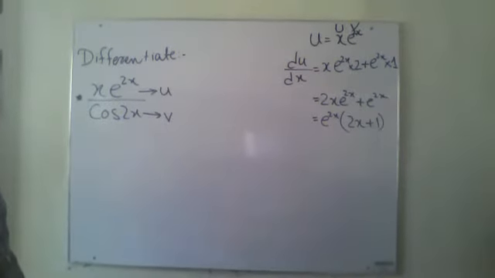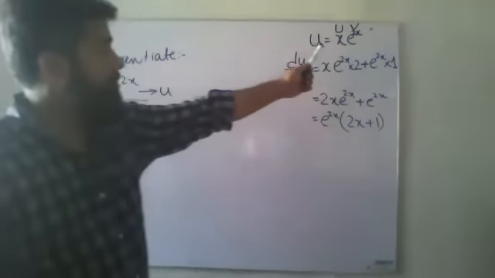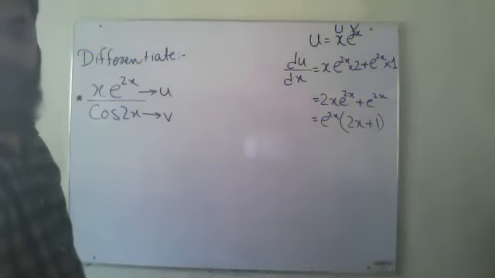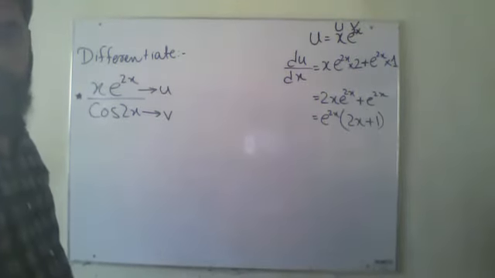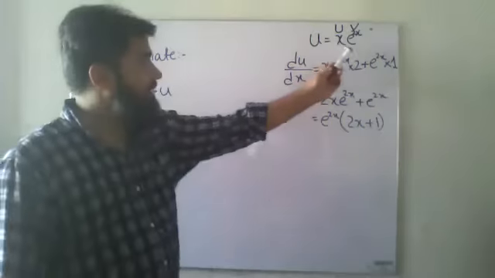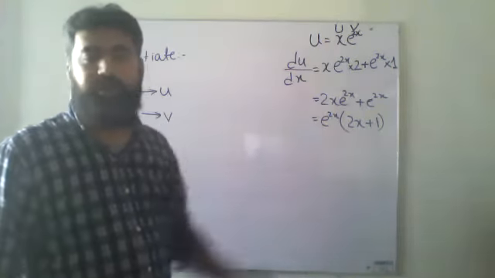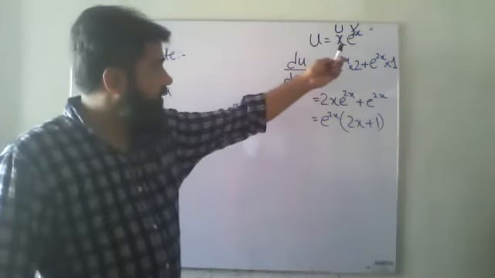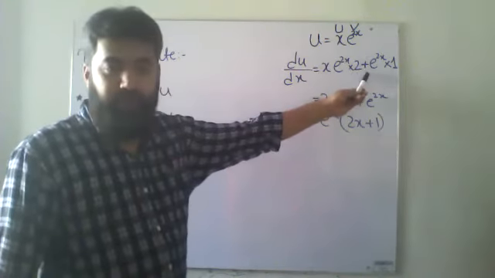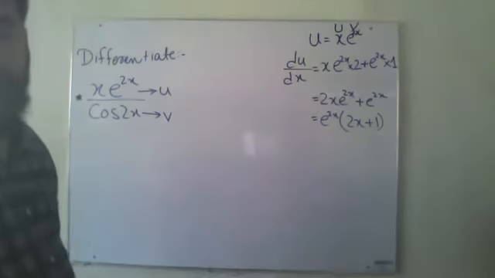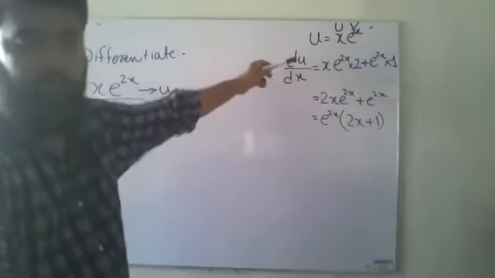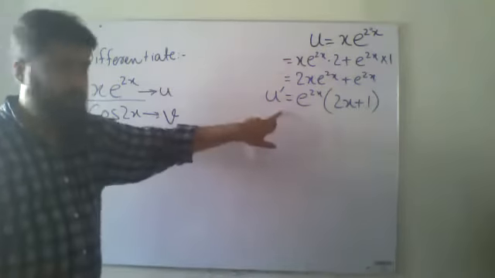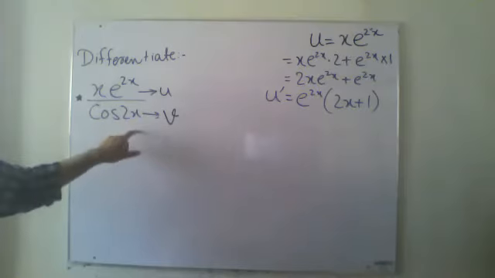What I have done, I have seen that my numerator was given in the product form, so I have written again u into v as capital. If you don't want to, don't write it, it's your choice. After that, I have differentiated this thing with the product law, simplified it, and right now this is my differential of u, which is needed. So we have got u and u differential. Now I'm going to talk about v.